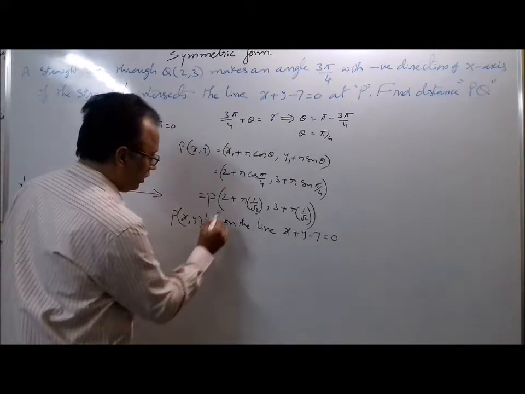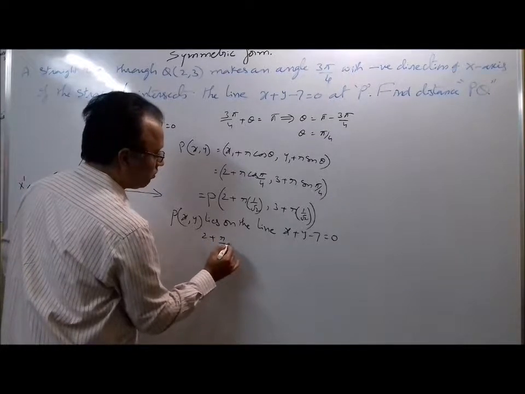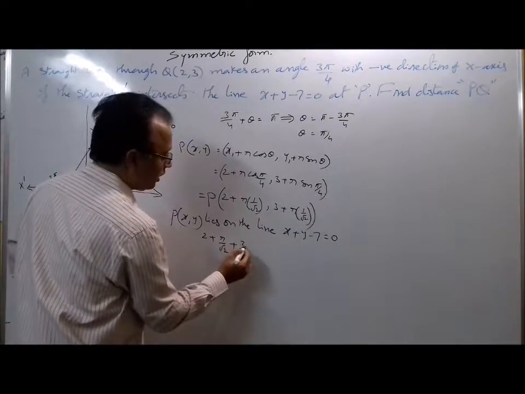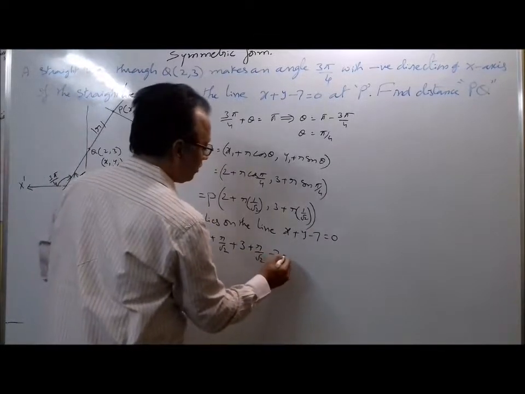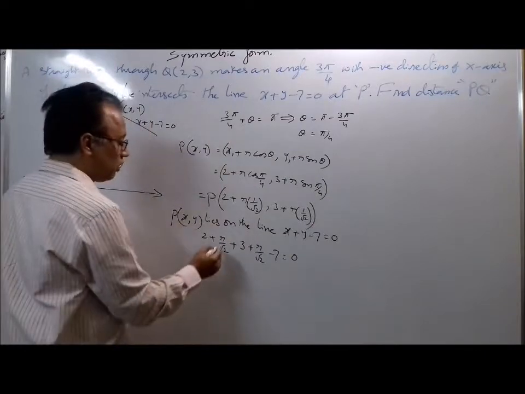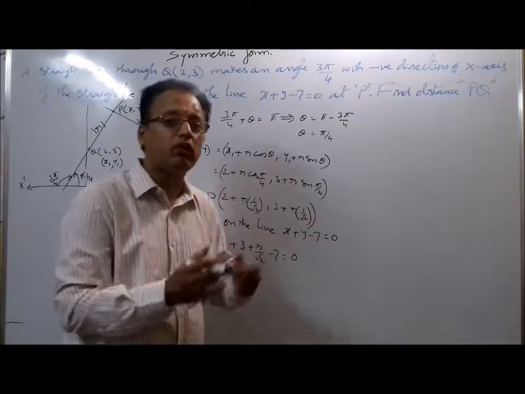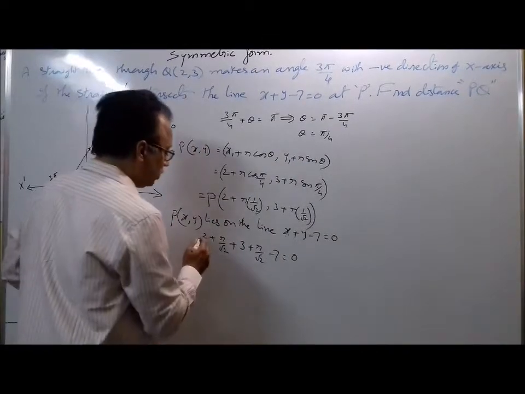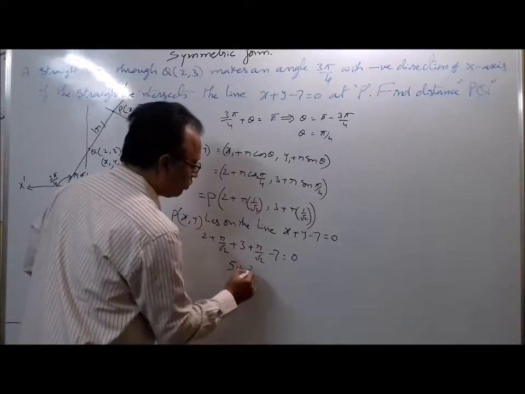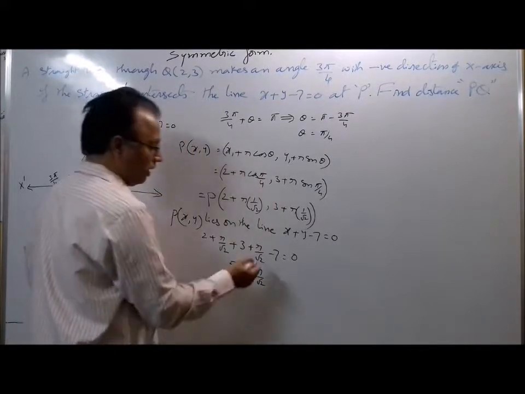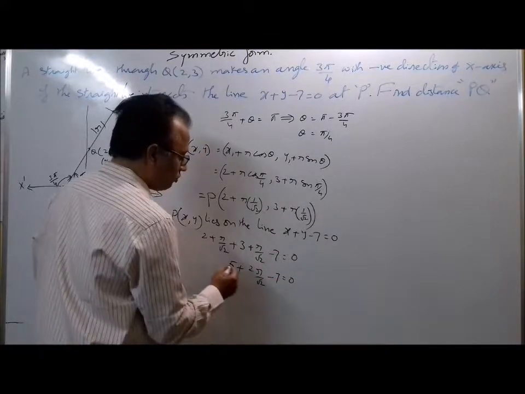That is x means 2 plus r by root 2, plus y means 3 plus r by root 2, minus 7 equal to 0. So r by root 2 plus r by root 2, 2r by root 2. Now 2 plus 3 is 5, plus 2r by root 2, minus 7. So 5 minus 7.